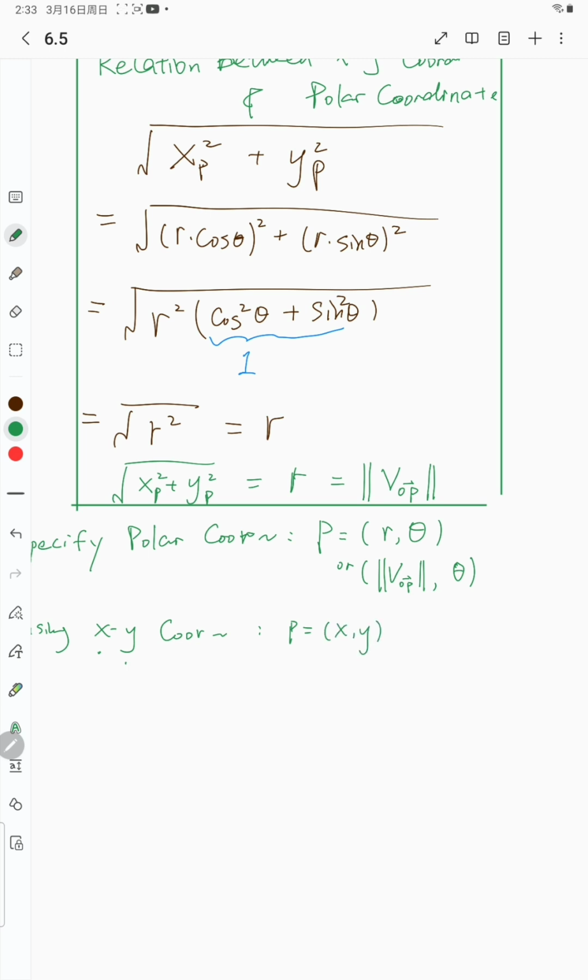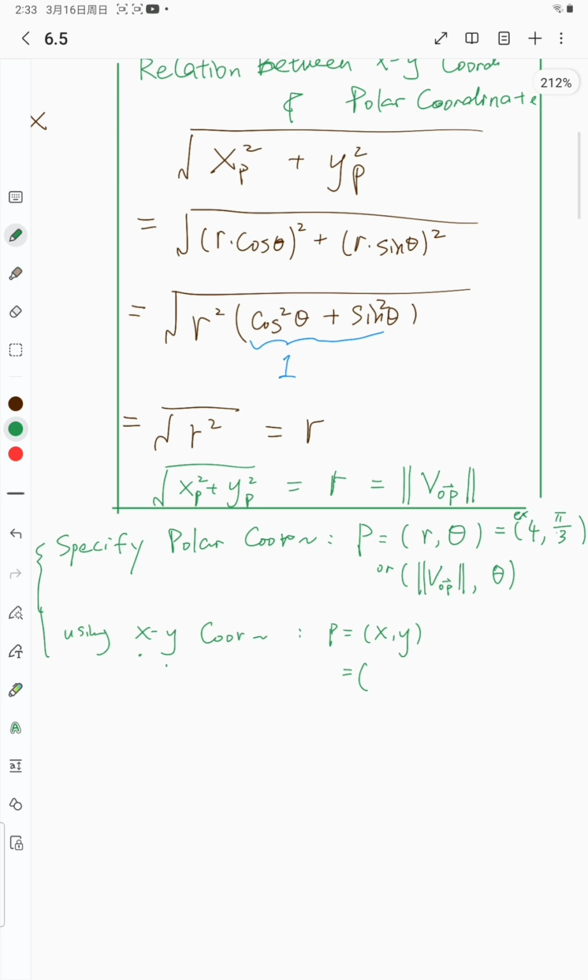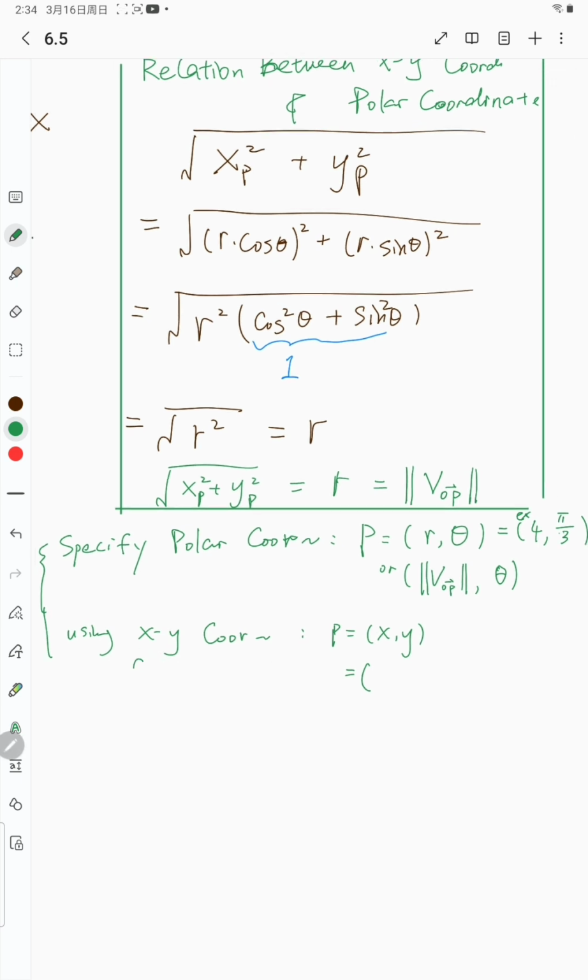And if we transform between the Cartesian coordinates and the polar coordinates, for example, if we only know the polar coordinates, like (4, pi over 3), then we can also write out its xy Cartesian coordinates, okay?